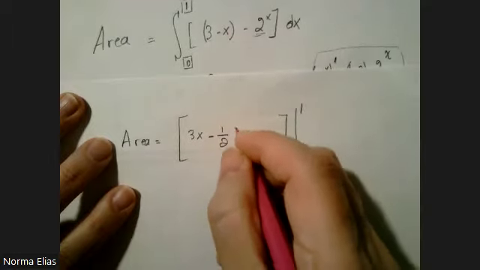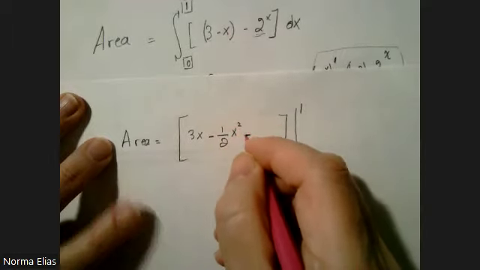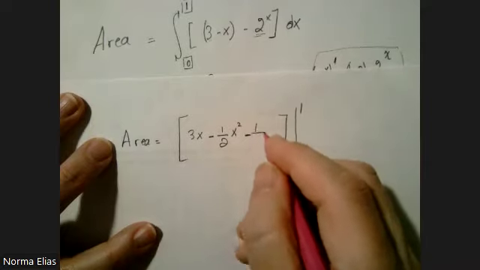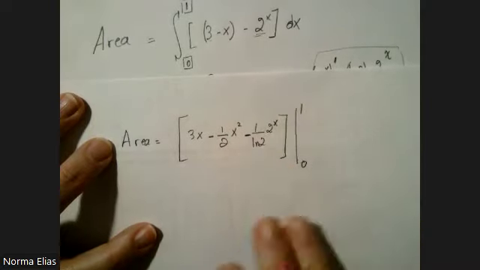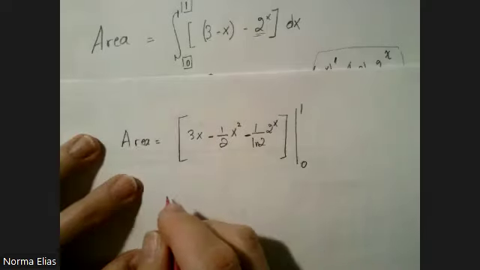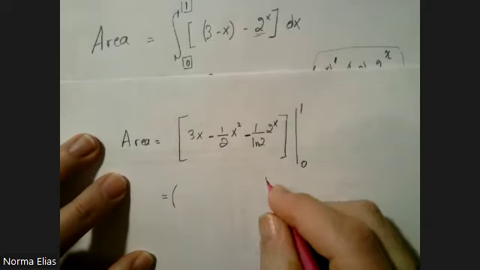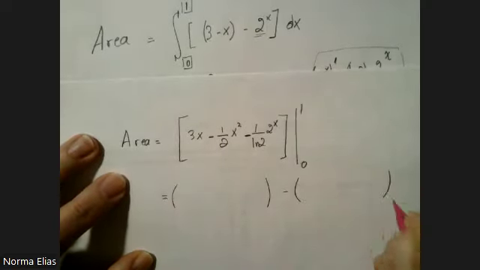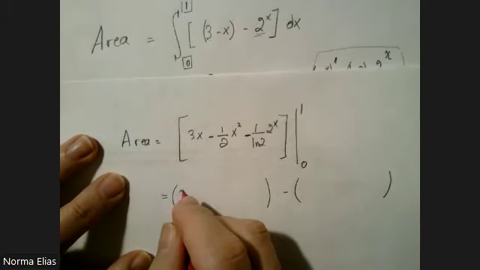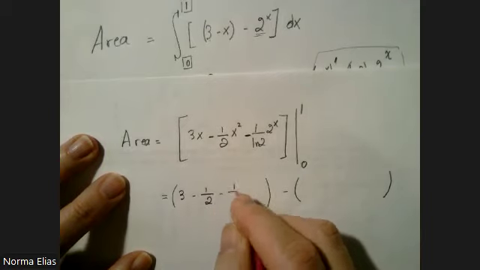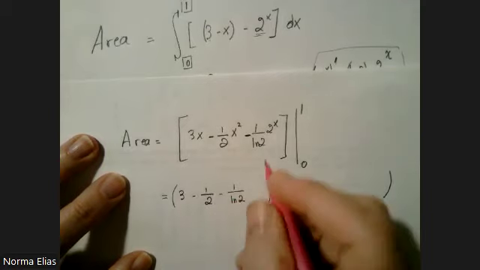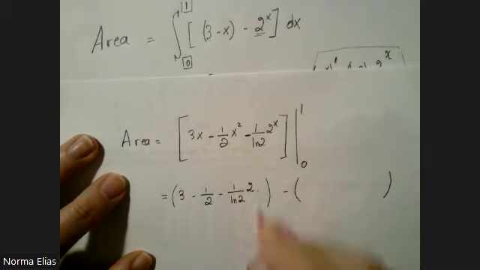Antiderivative of x is a half x squared. Antiderivative of 2 to the x is 1 over ln of 2 times 2 to the x. So finally, the area is the upper minus the lower. It means 3 minus a half minus 1 over ln of 2, 2 to the x, evaluated from 0 to 1.